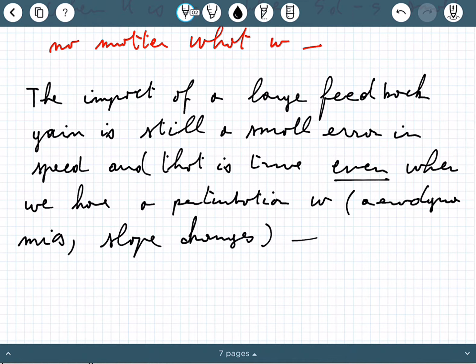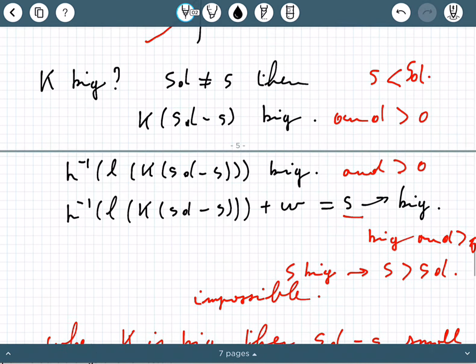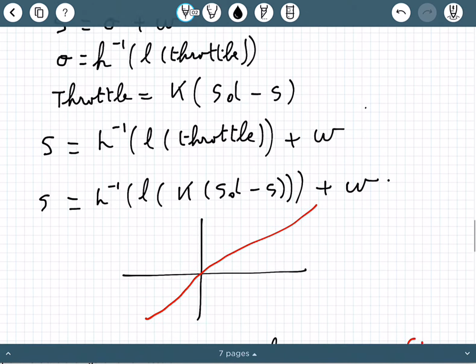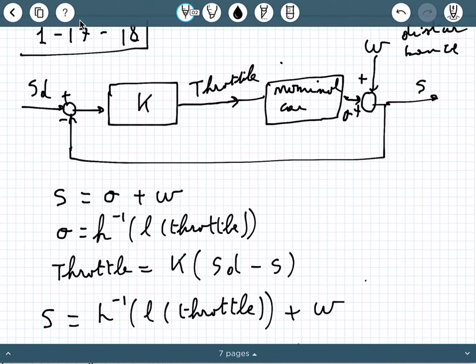Okay, so what we have here is a fairly complex architecture. Actually, not very complex. It's as a matter of fact pretty simple.